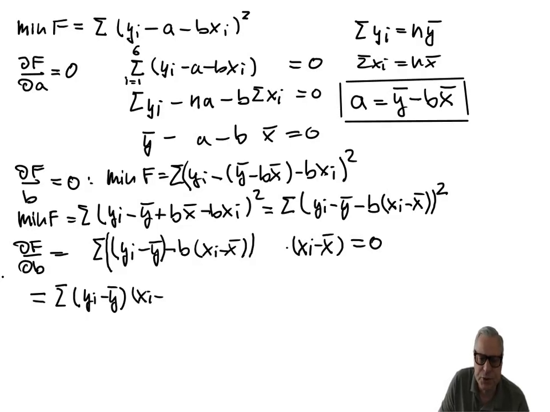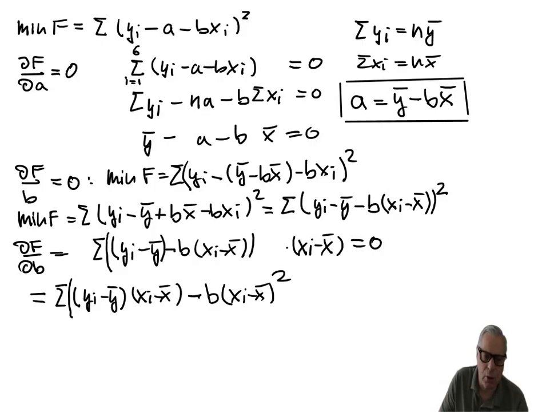And you see this is already part of the covariance. Okay. And now I still have here minus b times xi minus x bar, but there is another one, so I can just square it.